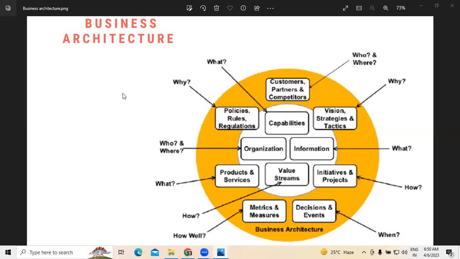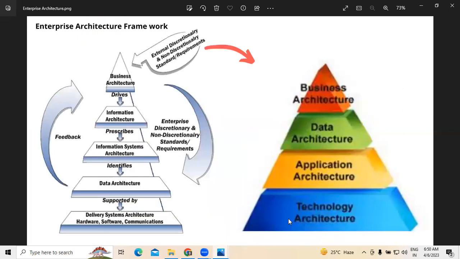Yes. Yes, sir. Right. So this is where generally this business architecture comes into picture. So once the knowledge over the business architecture, the next is data architecture. Data architecture means how the data is storing in the organizations, what kind of database they were using, database designing, all these things comes under data architecture.